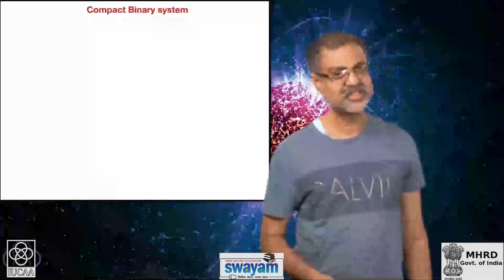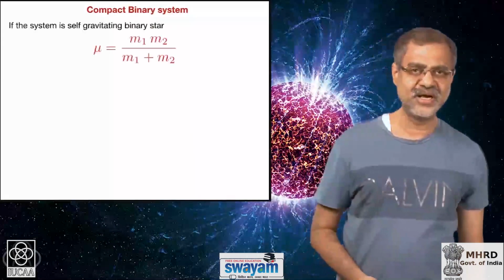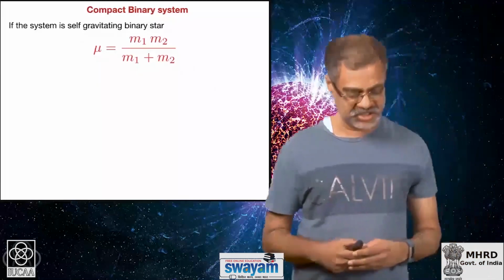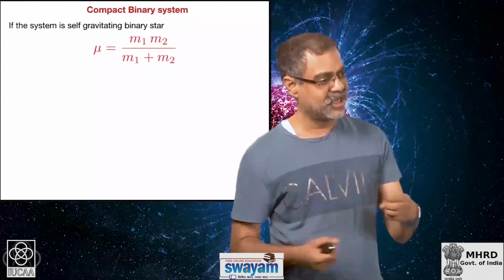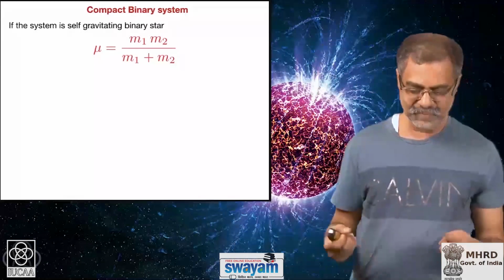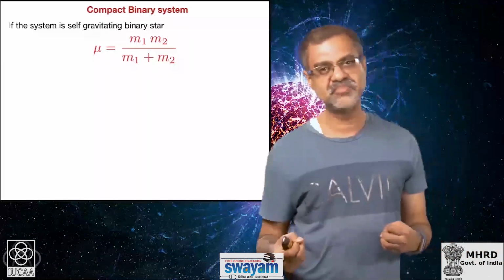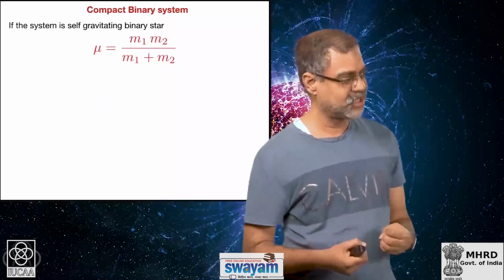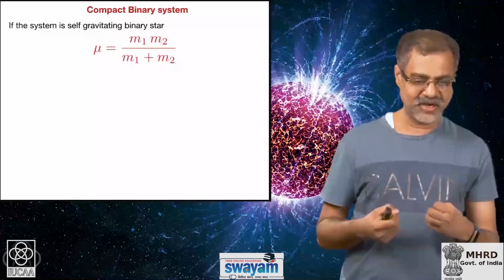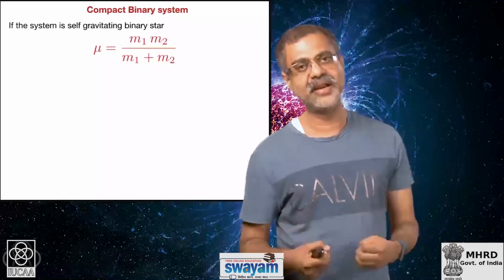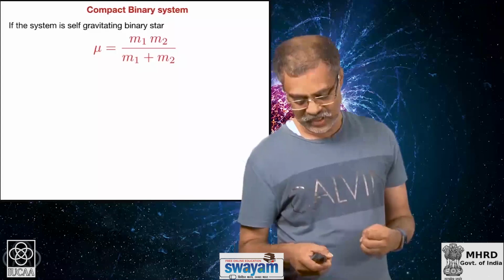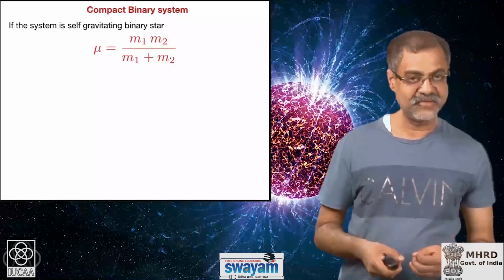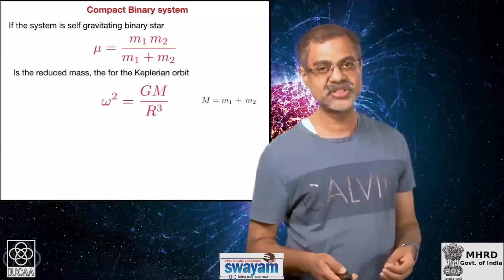One of the interesting systems for this is a compact binary system, where two stars, completely self-gravitating systems, go around each other. For such a system, you go to the center of mass frame, and you can have an effective one-body system in the Newtonian case, and you define what is known as the reduced mass.